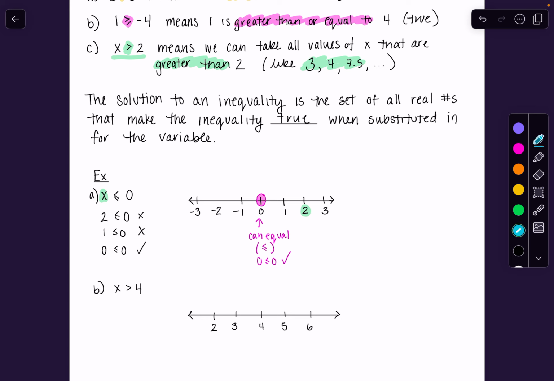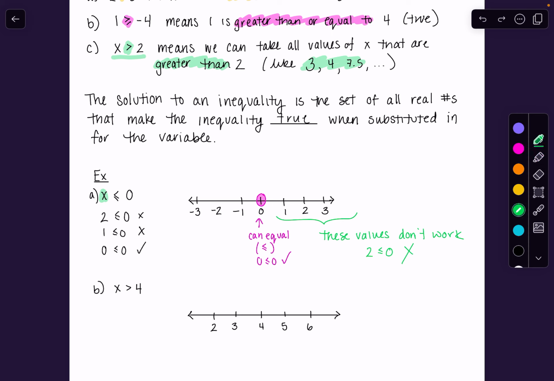But now the values on this side are not going to work, because if I try to plug any of them in, I get 2 is less than or equal to 0, definitely not a true statement. However, if I pick anything over here, it is going to work for me.